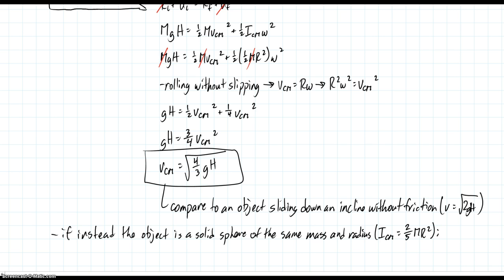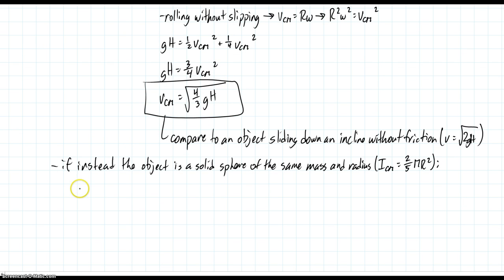We would end up with a similar looking expression, but the coefficients aren't all going to be the same. We would then have mgh equals 1/2 mv squared plus 1/2 times 2/5 m r squared omega squared.